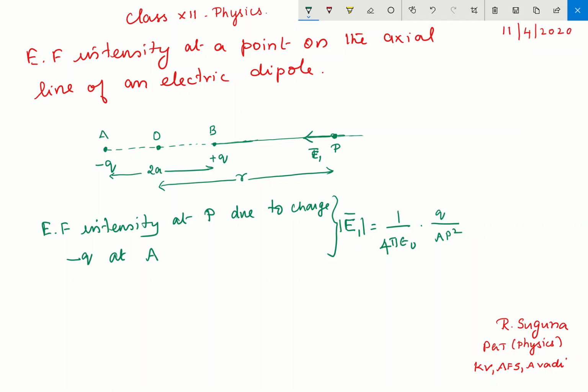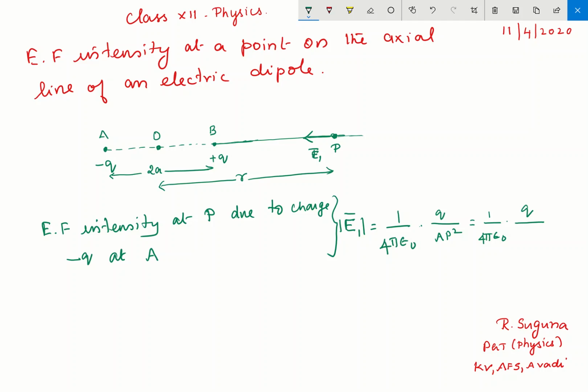The other charge here is the unit positive charge. Instead of a unit positive charge, if you keep a charge q naught, then F by q naught gives you 1 by 4 pi epsilon naught into Q by AP squared. Is it clear?